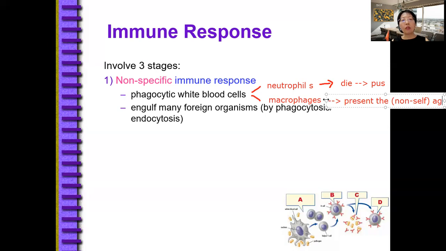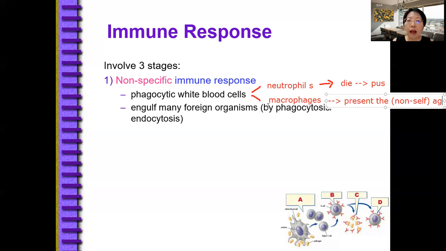Okay, so the first step is non-specific. Your phagocytes will not care what the cells are. Is it HIV? Is it Vibrio cholerae? Is it Plasmodium falciparum? It will not care. As long as it's foreign, it will go and phagocytose. So this is non-specific.